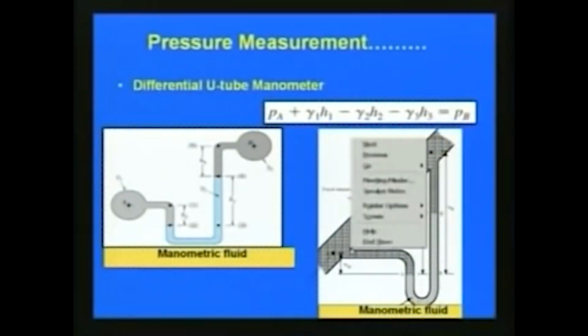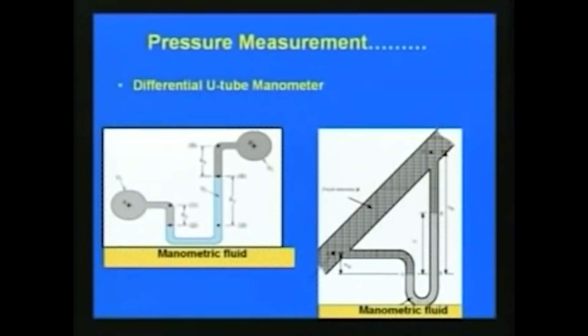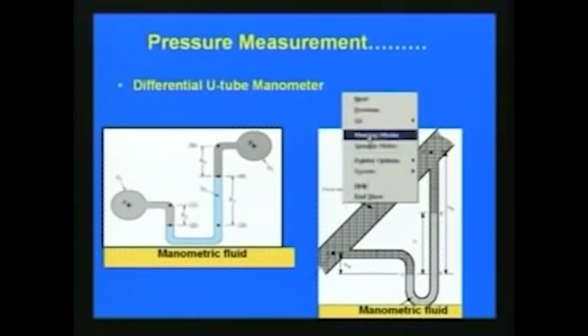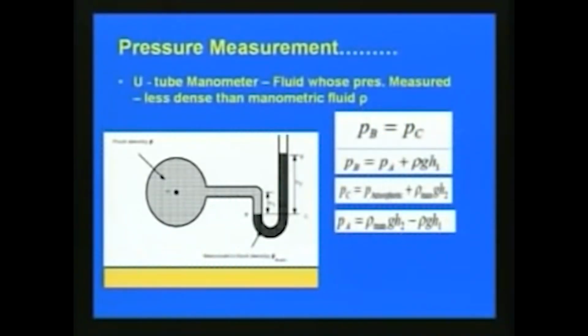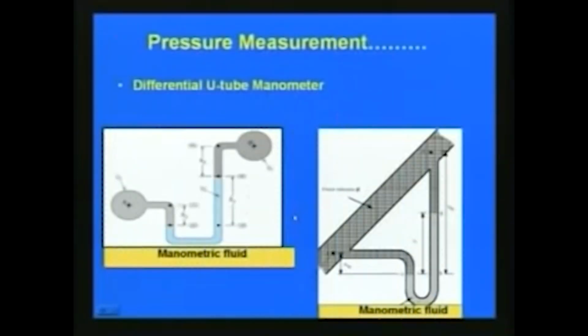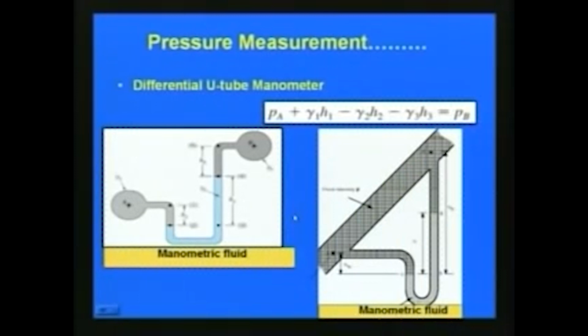Now, using the U-tube manometer, we have seen how to measure the pressure at a particular location, as in the previous slide, where at a particular point we want to measure the pressure. In the second case, we have seen how to measure the pressure difference between two points, or between two pipelines, or between two containers, or two locations of any type.